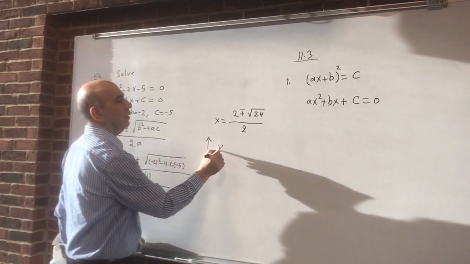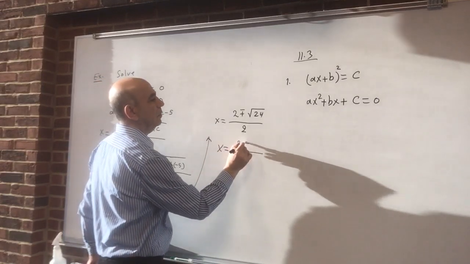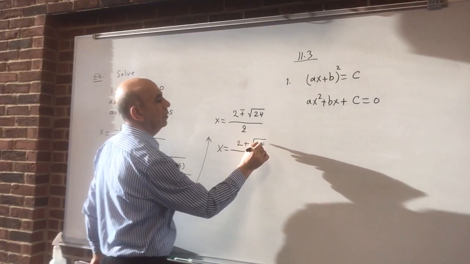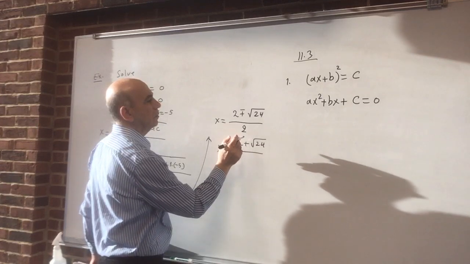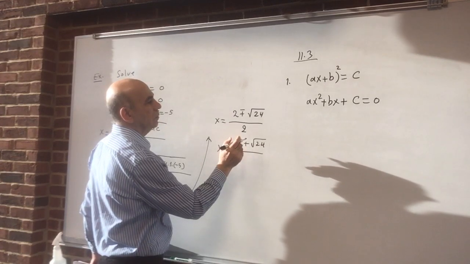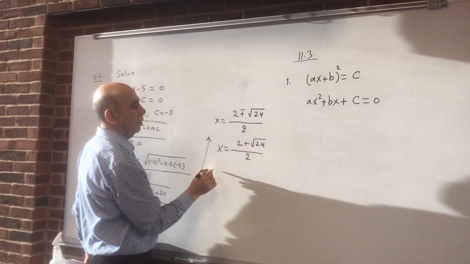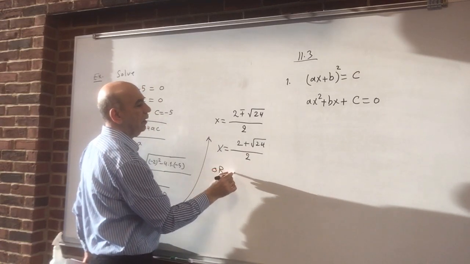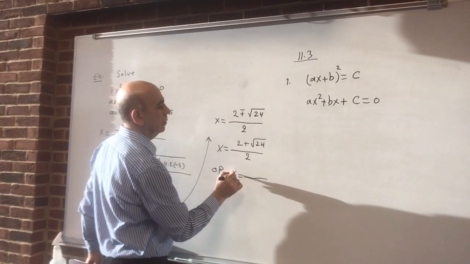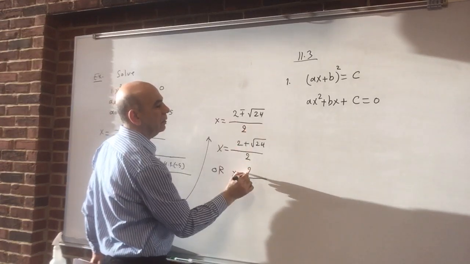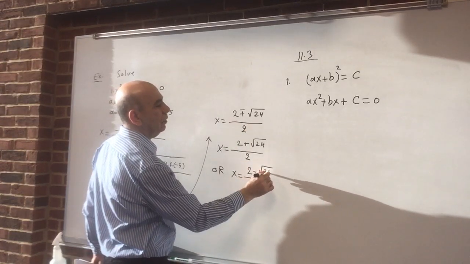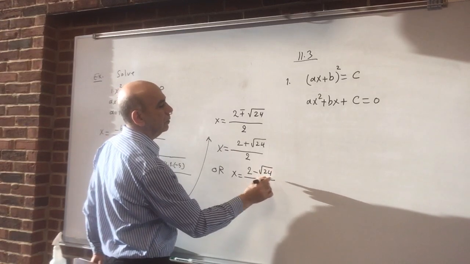So x equals 2 plus root 24 over 2, or x equals 2 minus root 24 over 2.